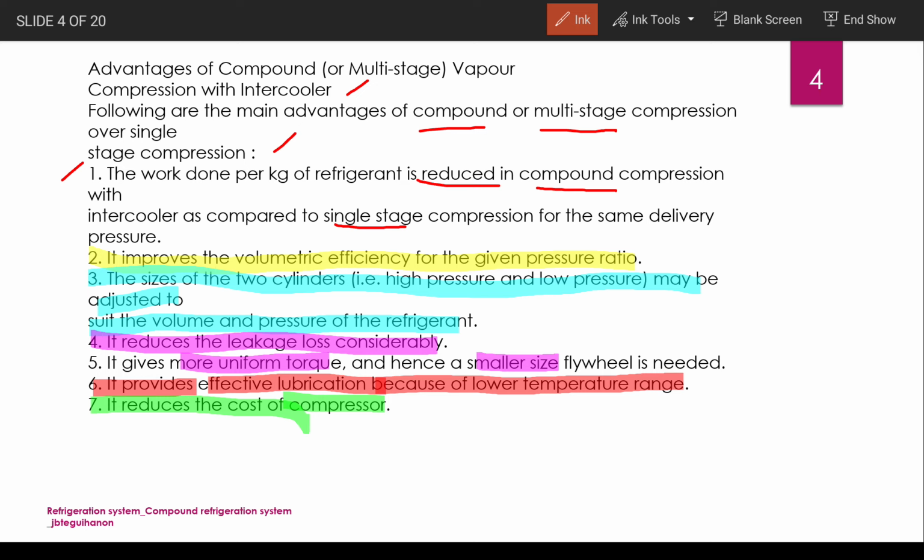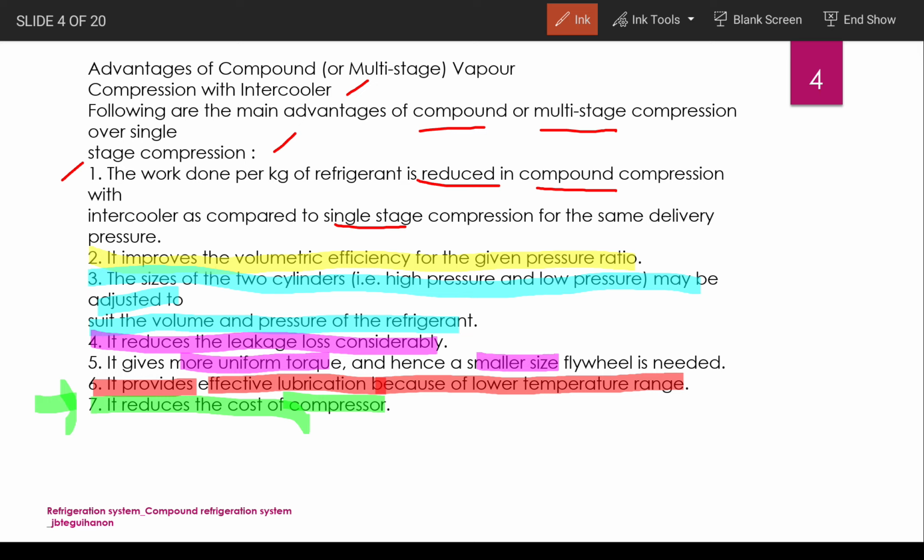So probably this is why they have this multi-stage compression system, because of the cost for the owner. He wants to have this reduced cost.